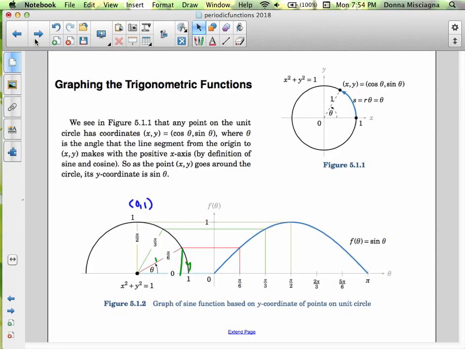Okay? All right, so if we take the y values and the angle measure, we're going to get the graph of sine. If we take the angle measures for x and the x values on the circle, we're going to have the graph of cosine.